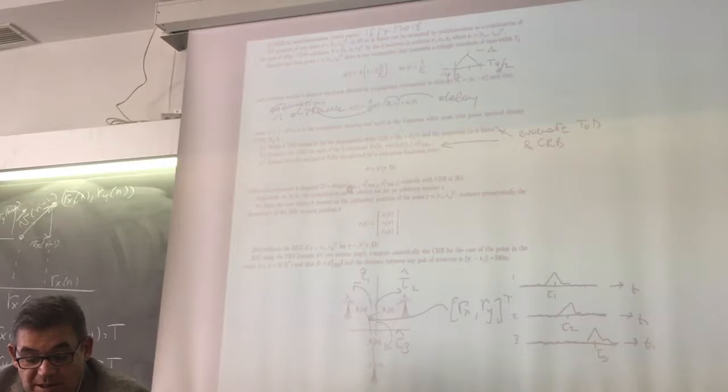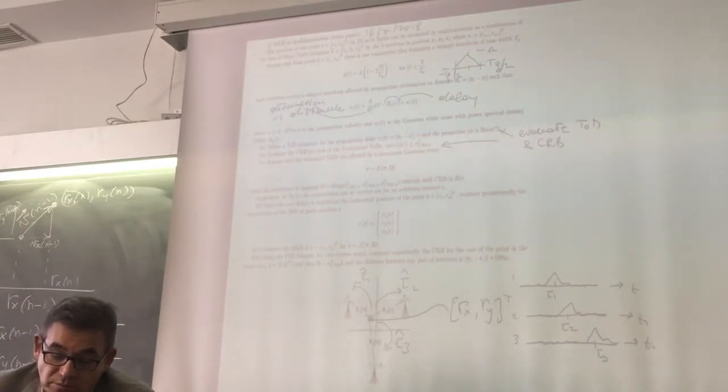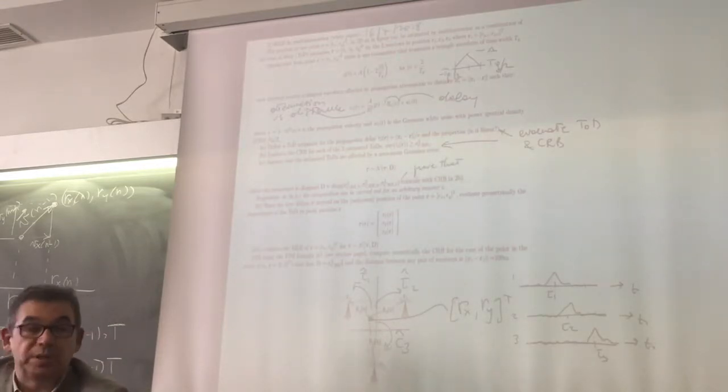So it is sigma Cramér-Rao bound 1, sigma Cramér-Rao bound 2, sigma Cramér-Rao bound 3. Assume that the covariance coincides with the one from 2B. Prove that.